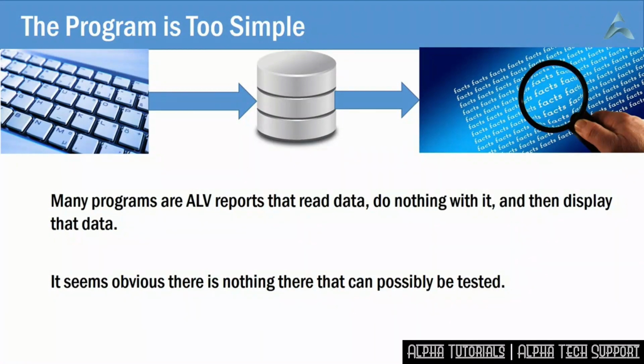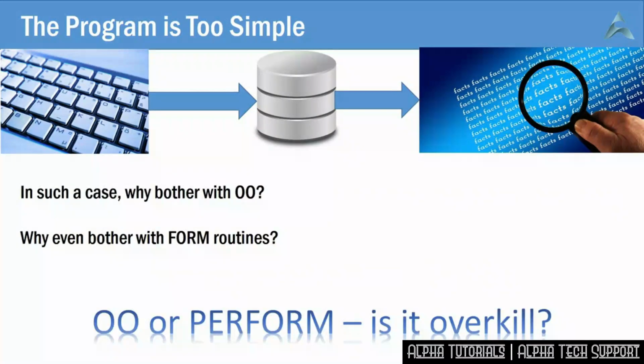In fact, the argument goes even further. It seems crazy to use OO programming in such a case. You'd need to split the report into several classes, a model class, which calls another class, which is a database access class, a controller, which does pretty much nothing at all, which just calls the ALV using one line of code.